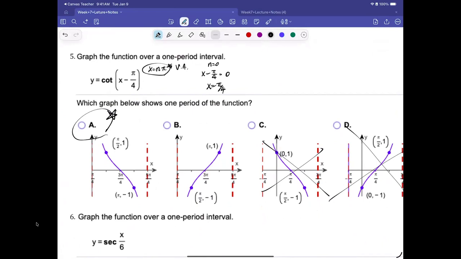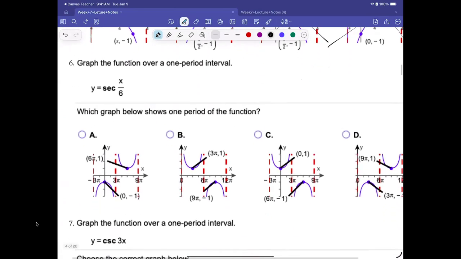The same as the secant. The vertical asymptote of the secant is, I just copied from the table, pi over 2 plus n times pi. So let's start with n is 0 because it's easier.